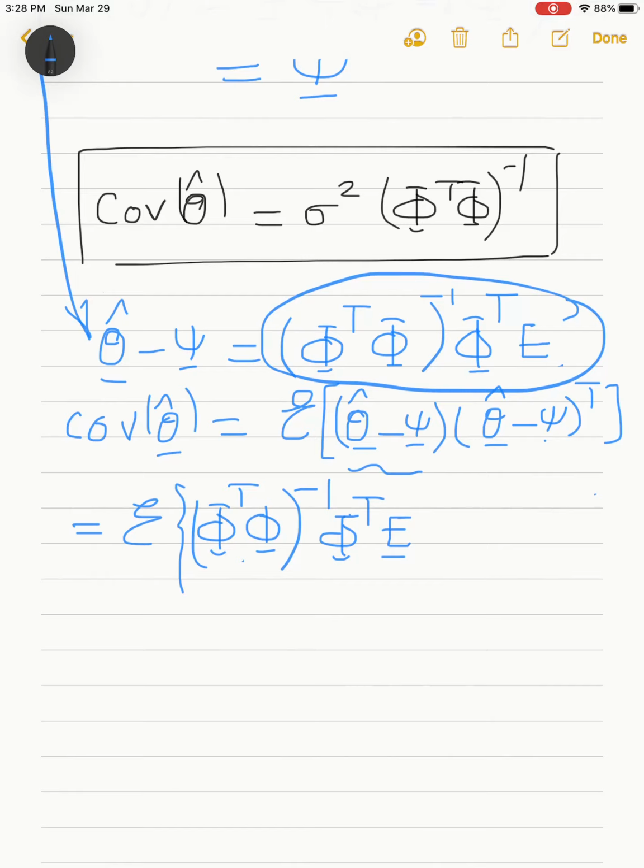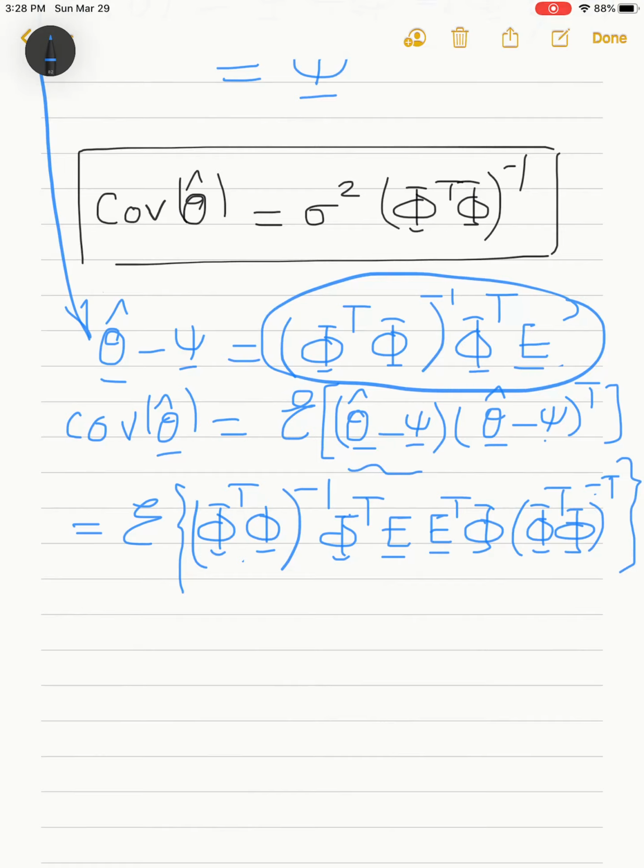So I will just rewrite the equation, but I will reverse the order of the vectors and the matrices and take the transpose of them. That would be E transpose times phi, transpose phi, the transpose of the inverse.